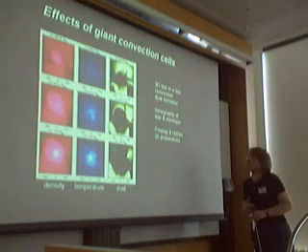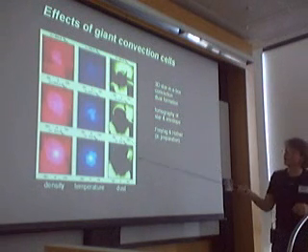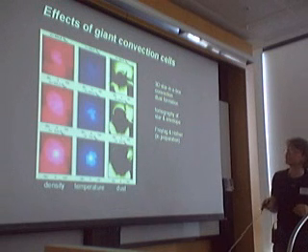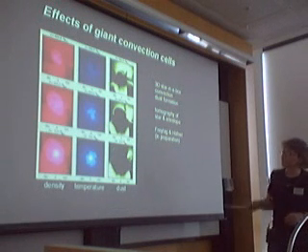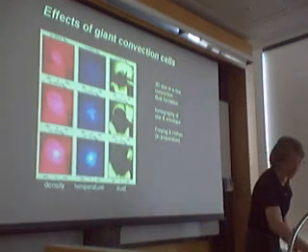Well, there's a lot more work left here to do. These models are, of course, gray, and they, as you can see, don't reach very far out. And this is, of course, a computational problem.